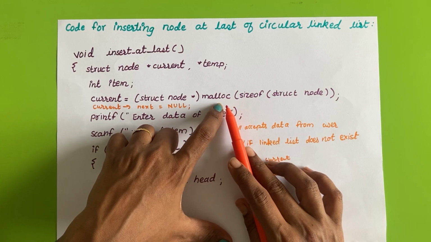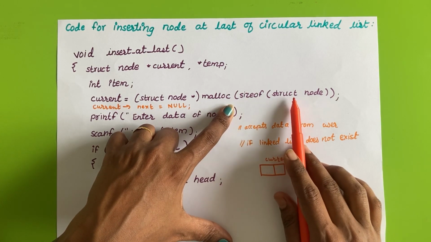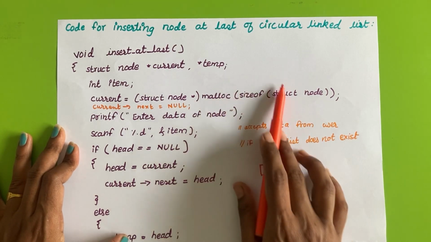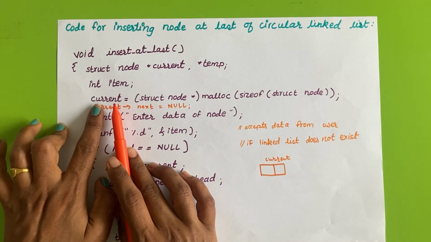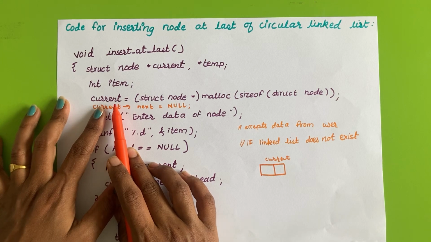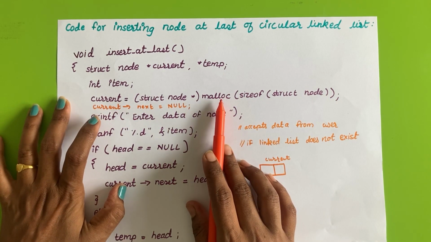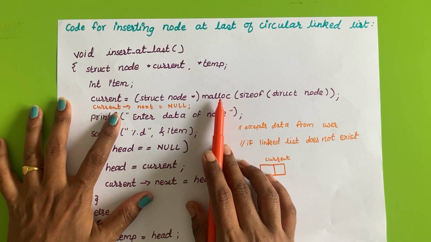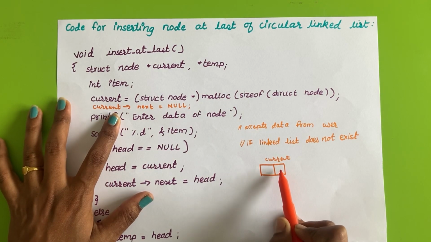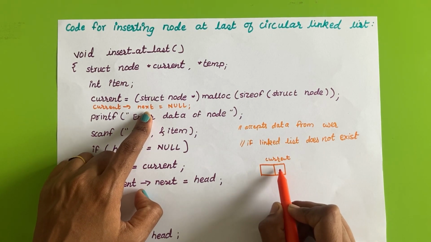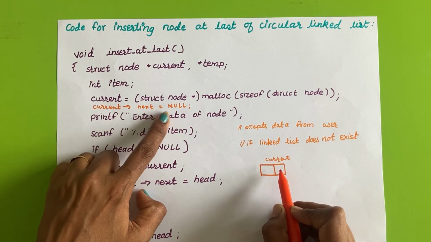So we want to allocate memory of size struct node structure. So this will allocate memory to the current node. Now we have allocated memory to this current node with the help of malloc keyword. Now we are going to assign the null pointer to the next field of the current node. So we will assign that current next is equal to null.